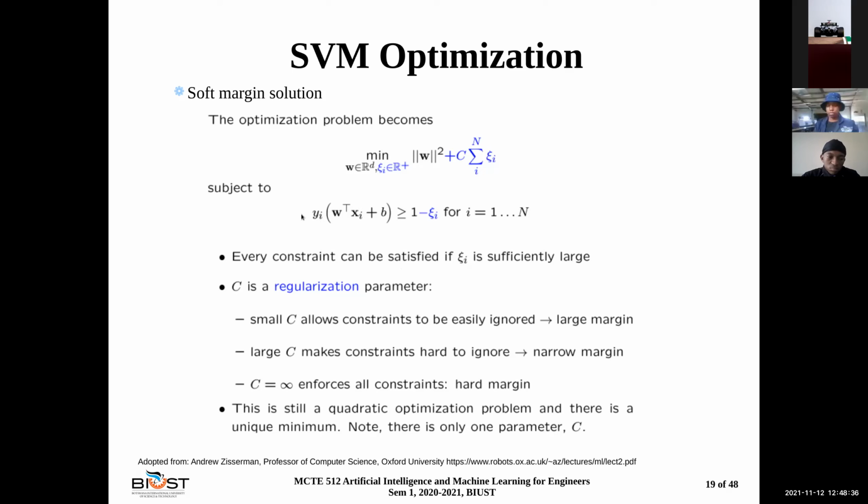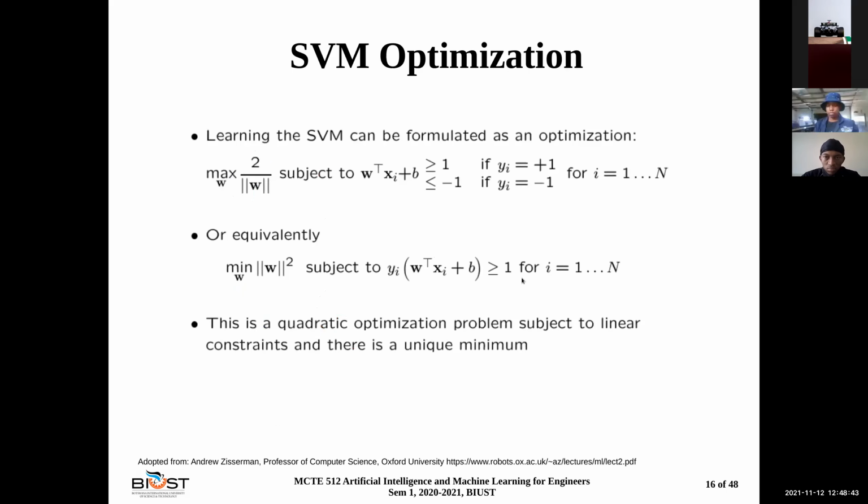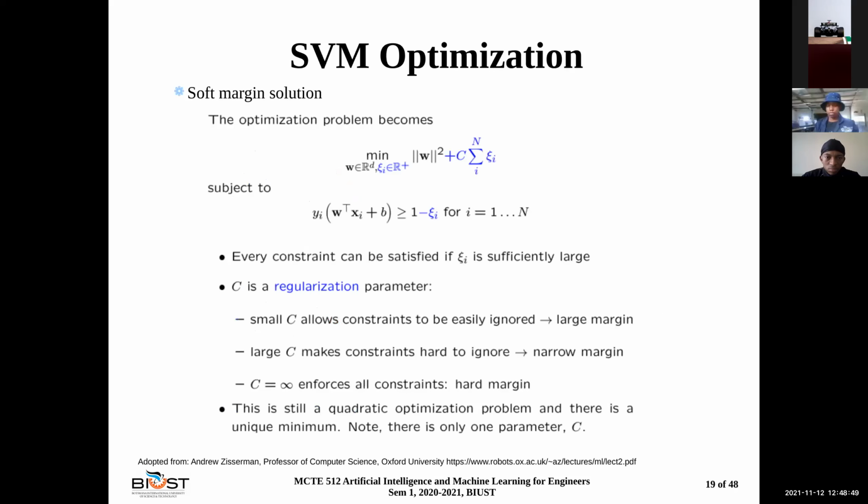So now we have a regularization parameter. From the initial optimization equation like this, we now introduce the concept of psi for misclassified data.